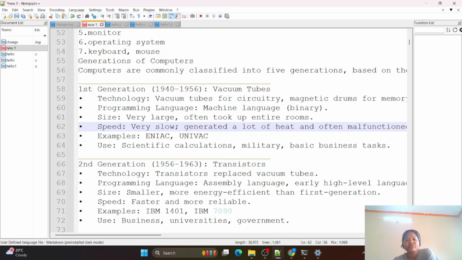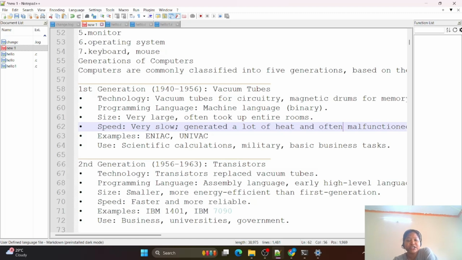That means, suppose we are giving some instruction to a fresher, maybe the fresher makes some mistake. It's a common thing. In that way, the computer was also having some malfunctions at that time, in 1940 to 1956.